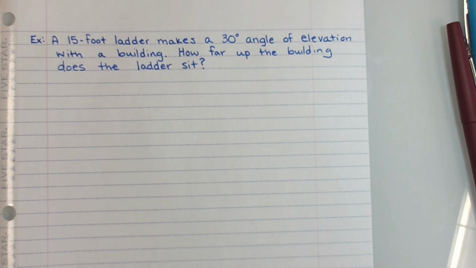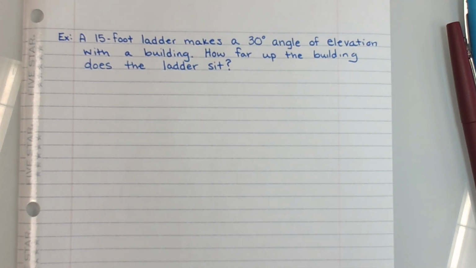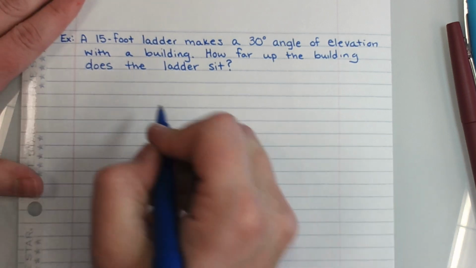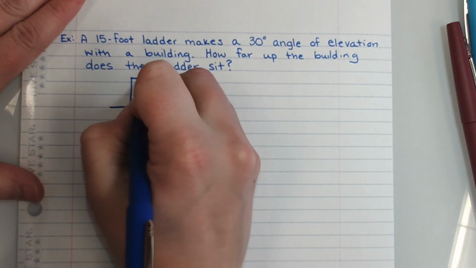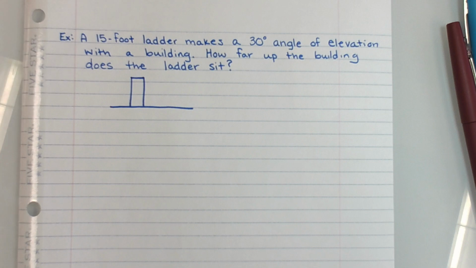Generally speaking, when it comes to these problems, you're going to want to draw yourself a picture just to get the general idea of what it's looking like. What I know is I've got a ladder, I've got a building. Start with the biggest object. Building. If I put a ladder against a building, do you generally put it straight up and down? Or do you put it at an angle? Put it at an angle.